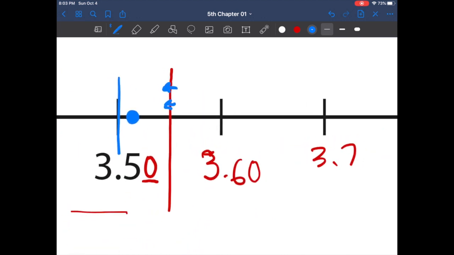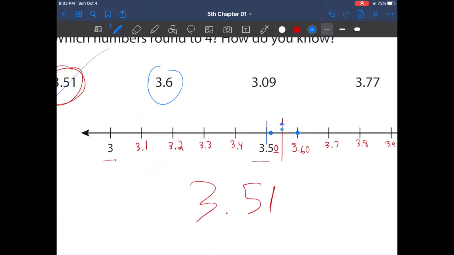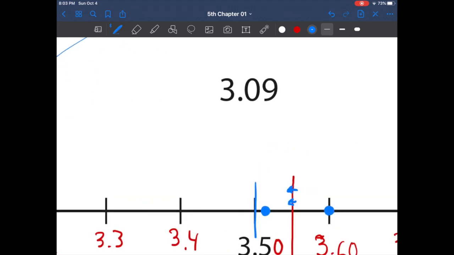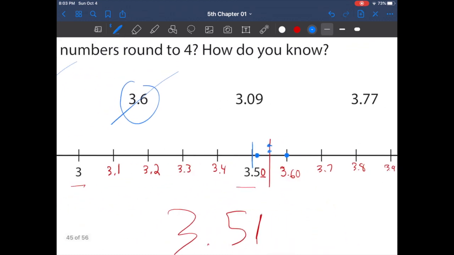Now let's look at 3.6. Lucky for us, we already labeled it. So that would be 3.6. Now let's look at this one, 3.09. Where would that be? If we look at this number line, we have 3.3, 3.1, 3.2. If we did 3.2, that's 20, and this is 9. That means 9 is already smaller, so it's not bigger than 3.2.